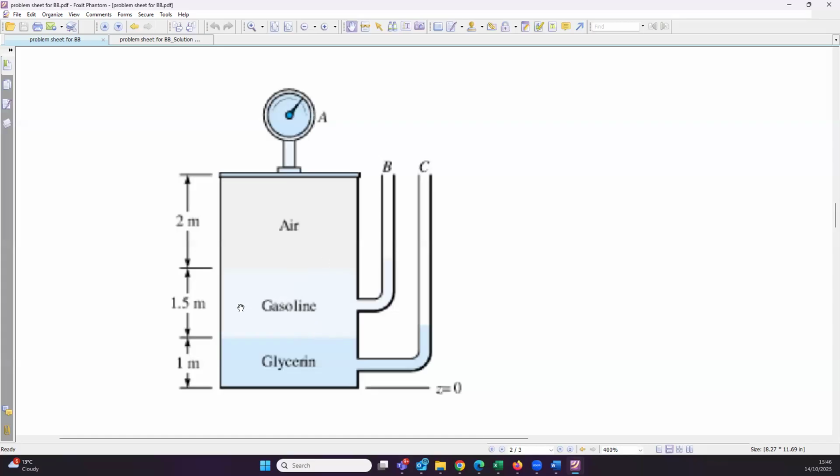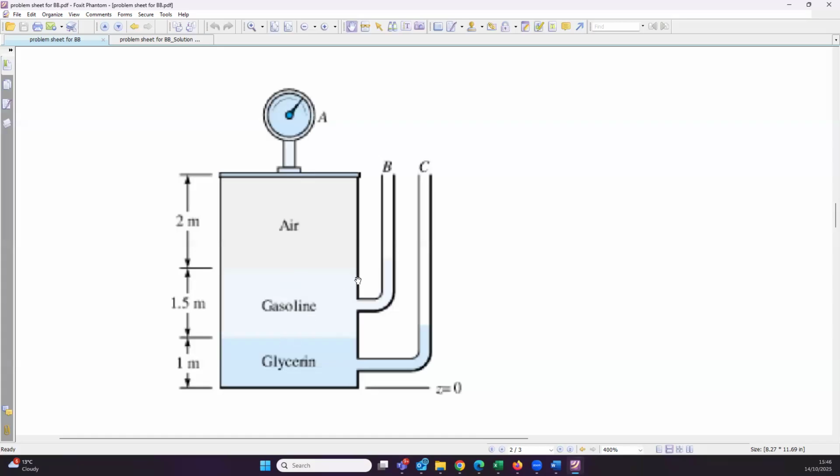So that will be rho of gasoline times g times h, and that is 1.5 meter. So before I start solving this question, I know a couple of things. I know the pressure in this whole chamber of air. I know the pressure at the surface of gasoline, and I know the pressure at the surface of glycerine.